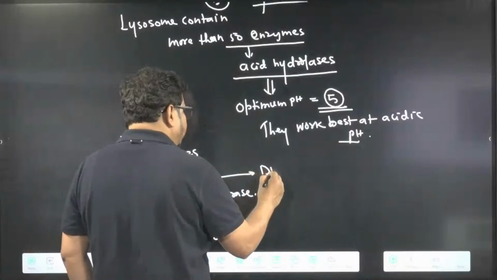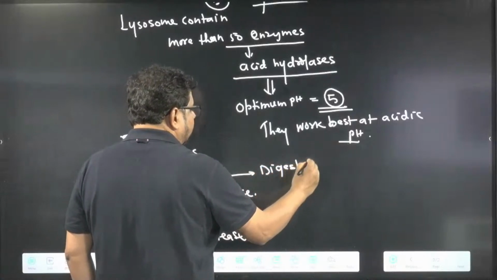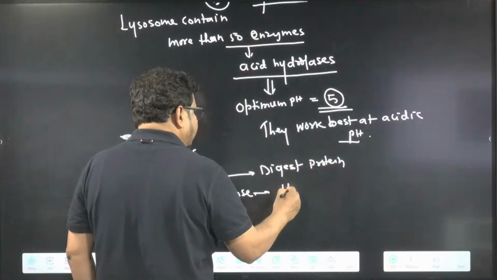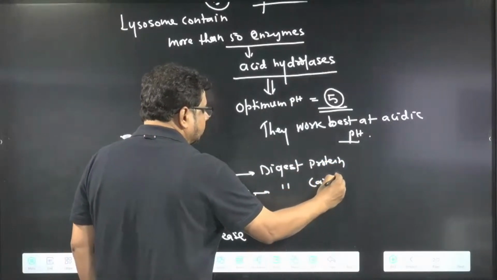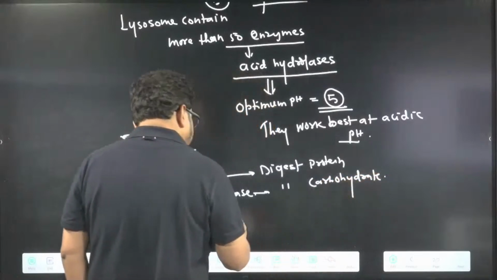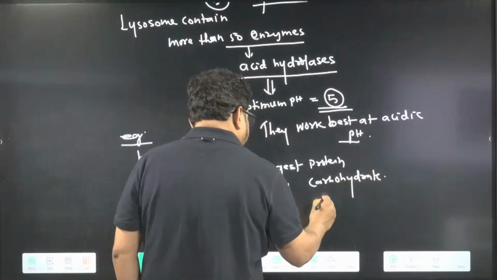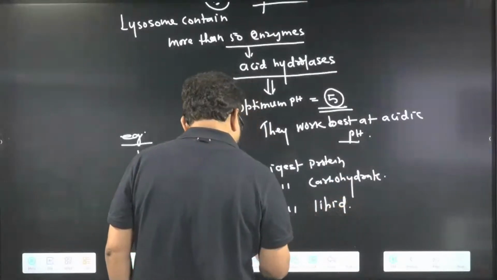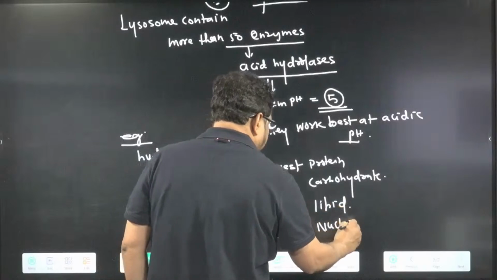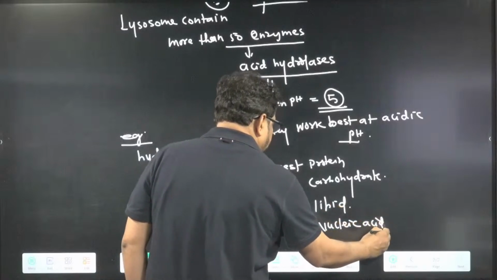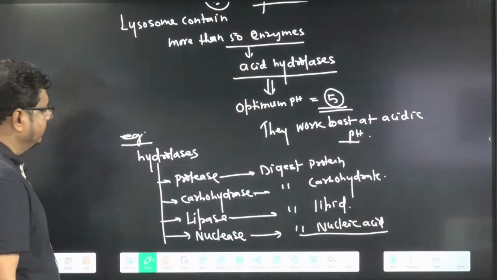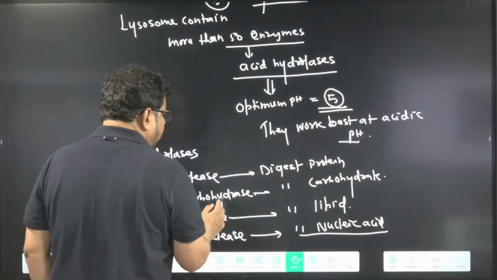Protease digests protein. Carbohydrase digests carbohydrate. Lipase digests lipid. And nuclease digests nucleic acid. And many more hydrolytic enzymes are there. Getting the idea? Is it clear?